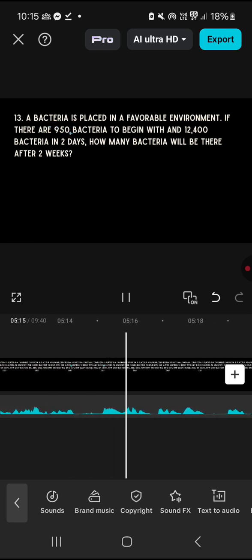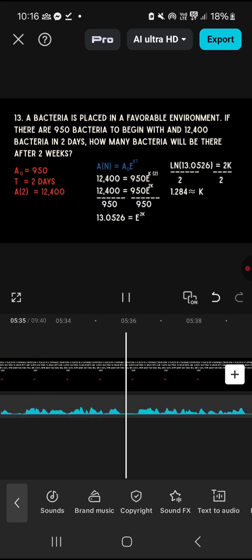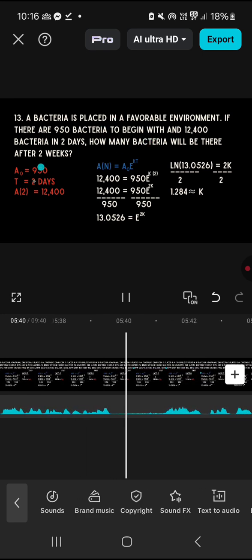So our given is our A sub 0, our initial amount, and also our A sub 2, which is 12,400, because that's the number of bacteria after 2 days. So we'll use this given in order to find our rate, in order to look for the number of bacteria after 2 weeks or 14 days.